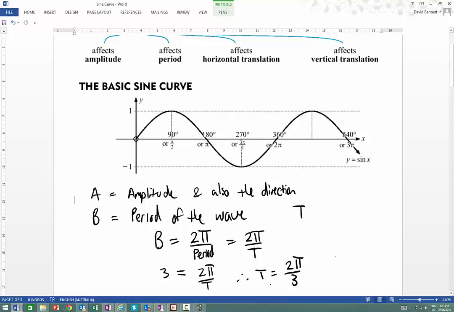In other words, for every 2 pi you're going to get 3 waves, or for every 1 wave it's a third of 2 pi.